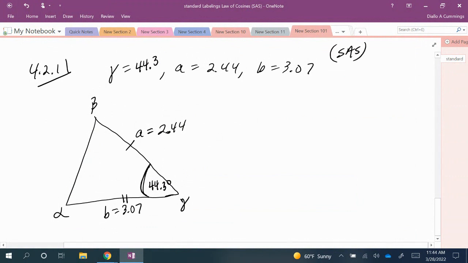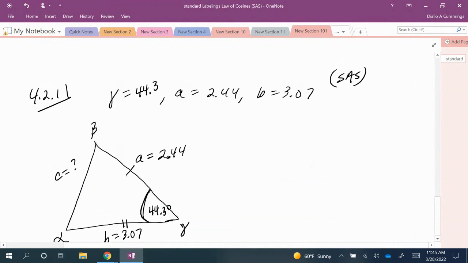If you're given that other set of dimensions, then you have to be careful on how you proceed. In this case, we're asked to find C.